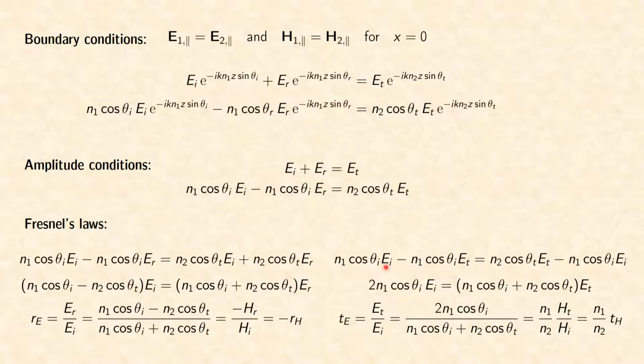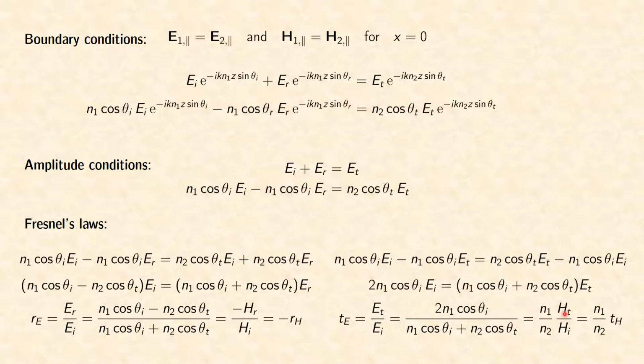Again, we get an equation with 4 terms given here, and we sort them in such a way that we have all EI terms on the left side and all ET terms on the right side, and that allows us to calculate the amplitude transmission, which is the relative transmitted amplitude, and the expression is given here.